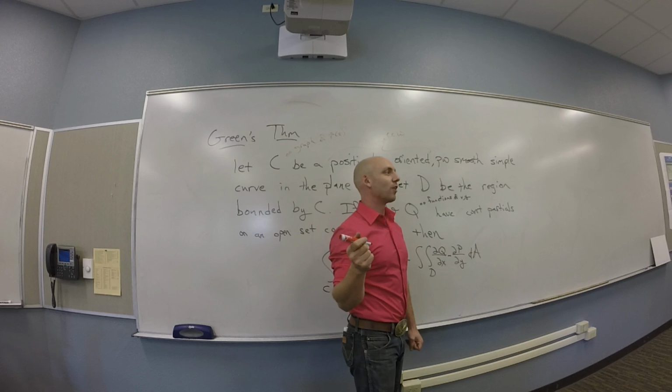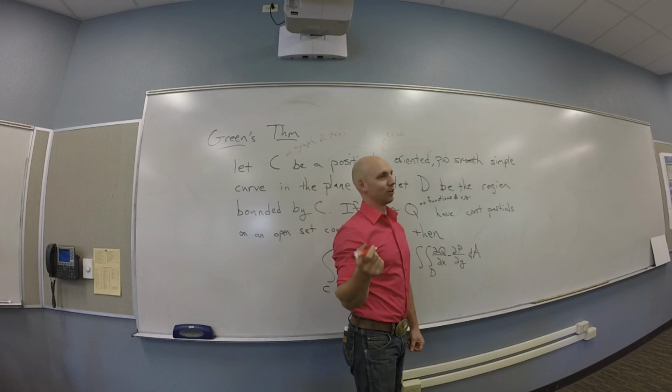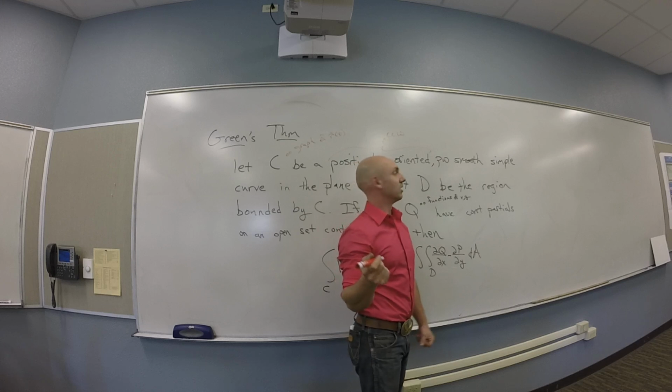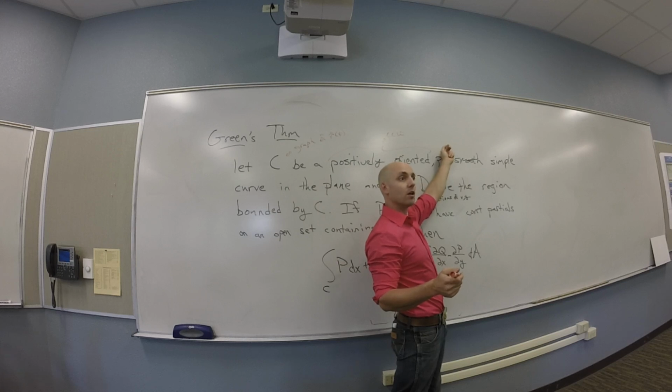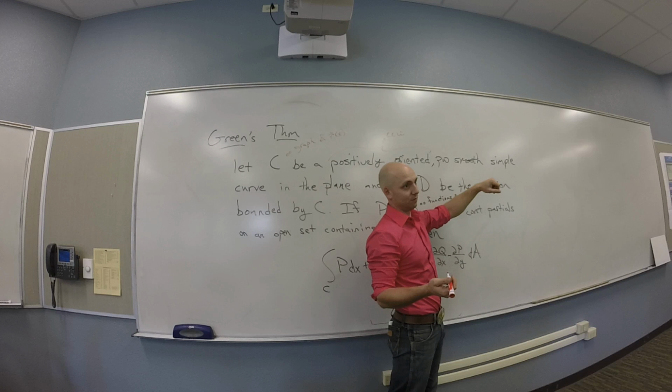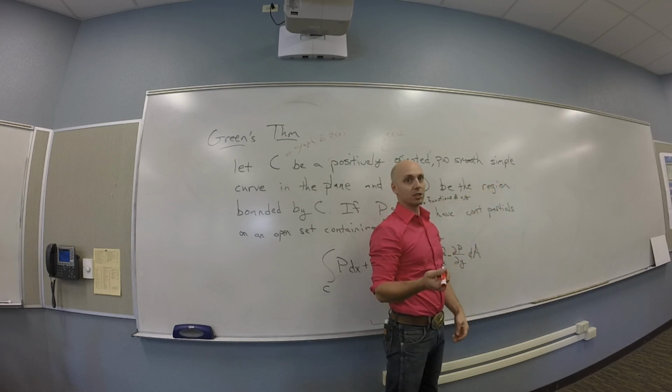So piecewise smooth allows for finitely many sharp corners or cusps or whatever. Right? So the smooth part, if I left off the piecewise smooth, if I just said smooth, that would allow for no sharp corners or cusps or whatever. The piecewise part lets me put in finitely many at least of those. You guys cool with this?